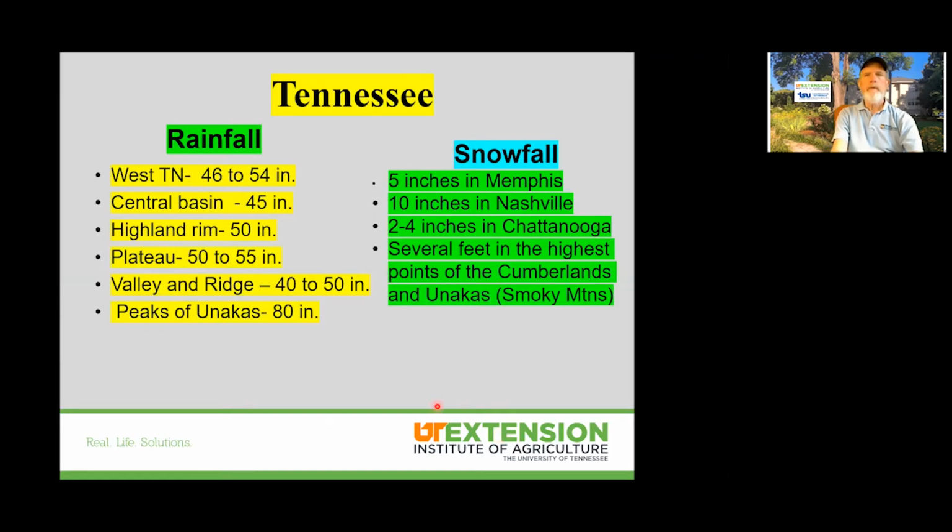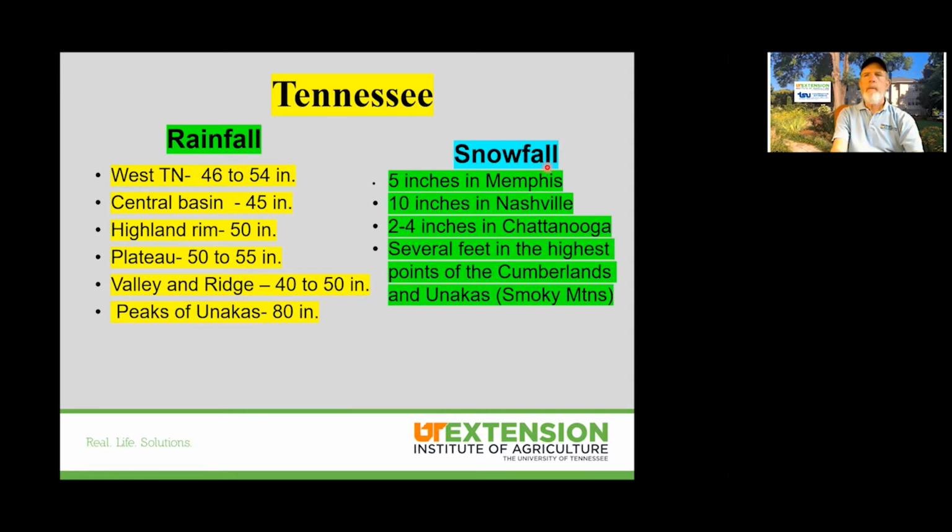Tennessee is very blessed with a lot of rainfall compared to many other states and many other areas. We have 46 to 50 inches, roughly 50 inches. We also have more rain up in the peaks of the mountains, but generally about 50 inches if you average it out, which is kind of nice.